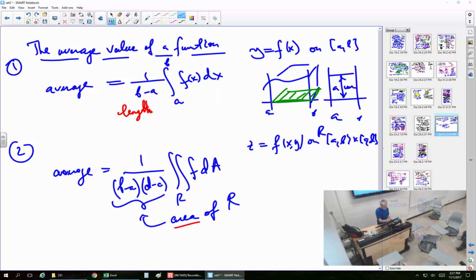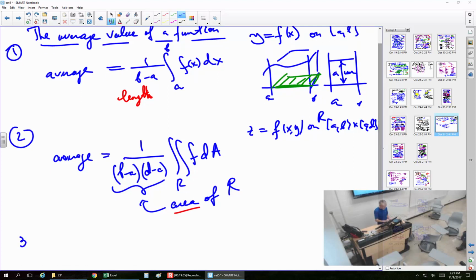Okay, so we can certainly guess what's going to happen in dimension 3. It's the same. This time we're talking about a function of 3 variables, and as a result we have a triple integral, f dv, and then we divide by the volume of a box, which we just looked at.